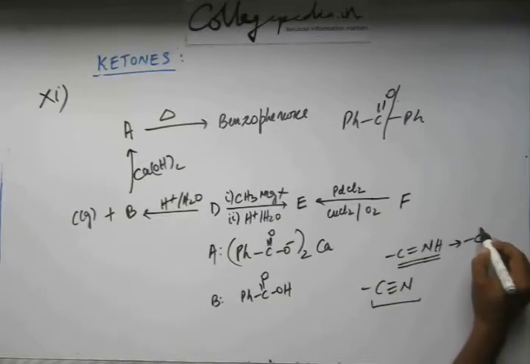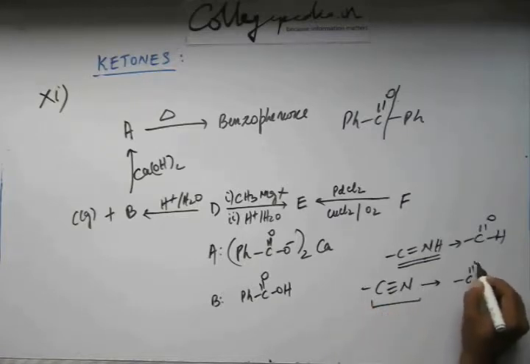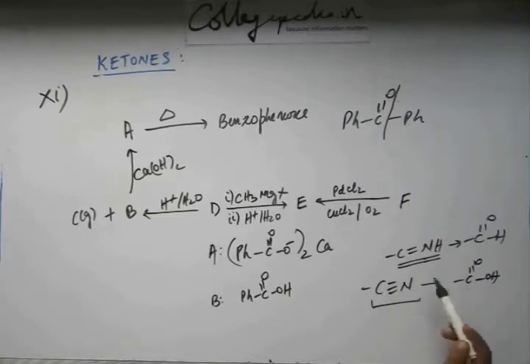This turns out to be an aldehyde. And when we were studying further ketones, in one of the conversion problems, I told you that when we hydrolyze cyanide, when we have C triple bond N, this turns out to be a carboxylic acid. When you have a C double bond N, on hydrolysis it turns out to be an aldehyde. Now we have seen this before, in the previous lecture.